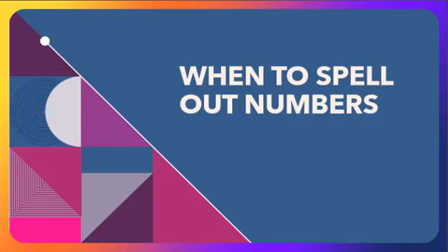When to spell out numbers. Now, this one is always a challenging one, and some journals allow you to do certain things. Write out all numbers less than 10. So if the number is 8, spell out 8.